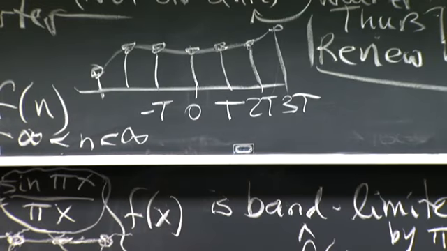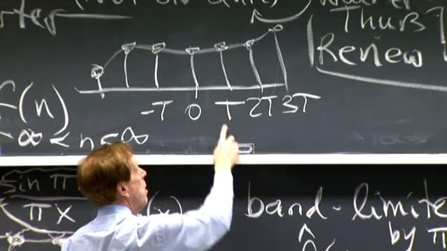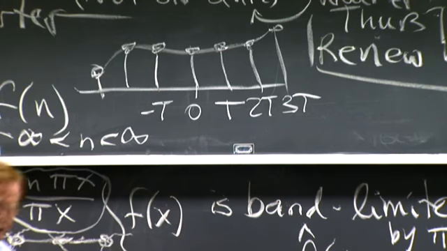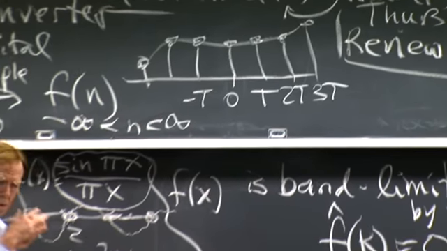Suppose T is 1/4. Then I'm taking 4 samples. I'm paying more for this A to D converter because it's taking 4 samples where previously it took 1.